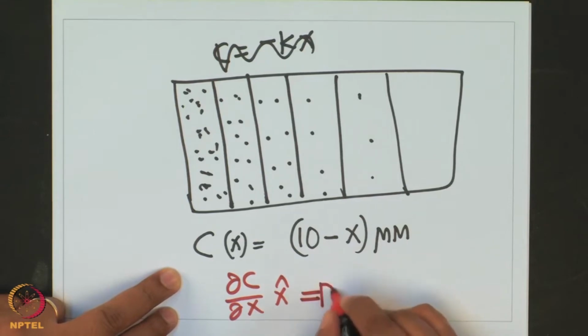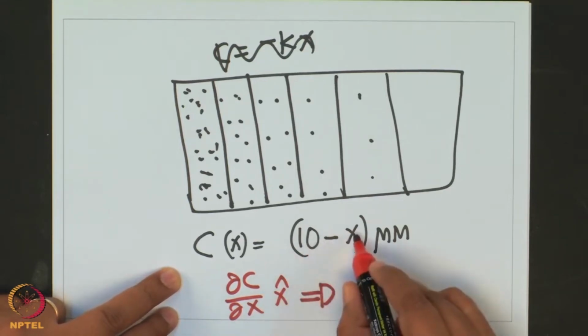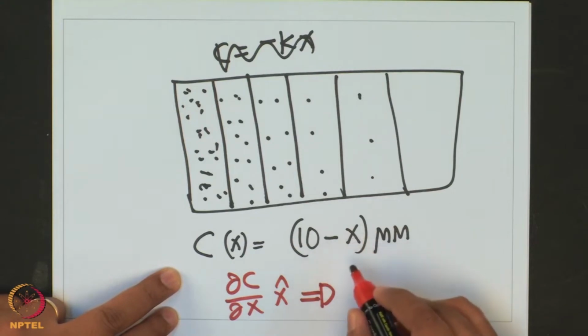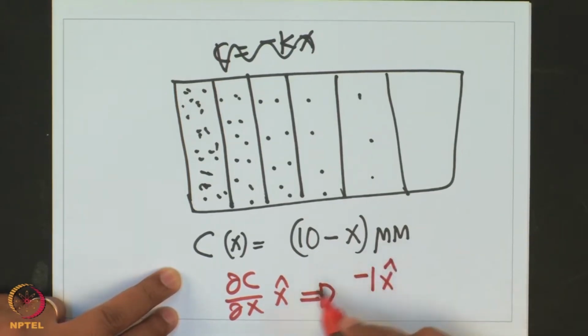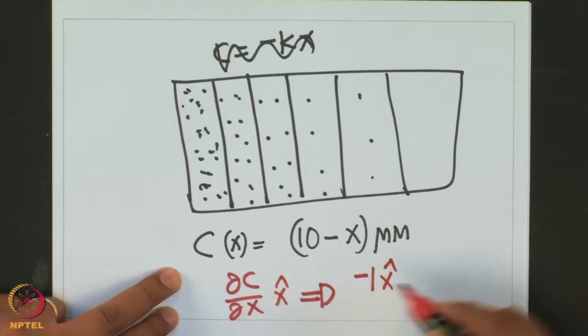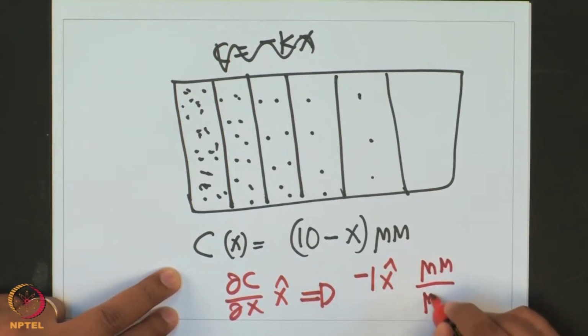In this case, the derivative of 10 is 0, the derivative of x is minus 1, so the answer is going to be minus 1 x cap. And the unit of del c by del x would be micromolar per micrometer.